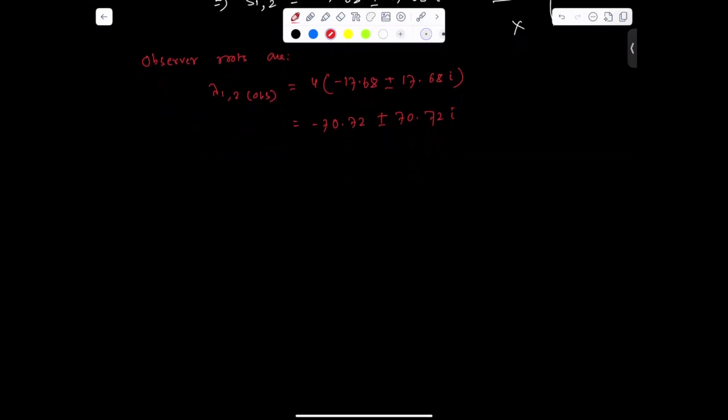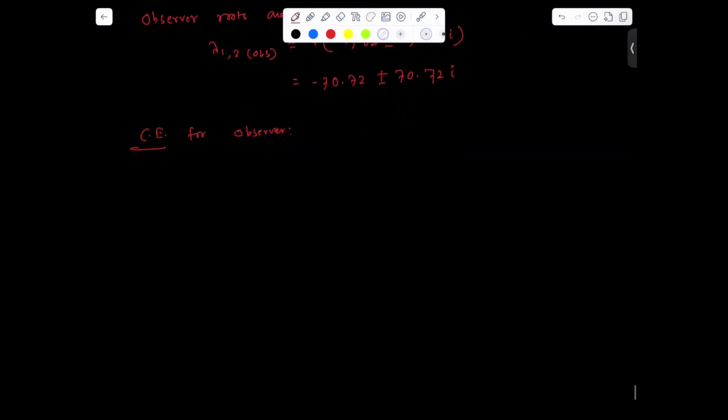And the characteristic equation we can find for the observer: lambda minus lambda 1 observer and lambda minus lambda 2 observer equal to 0.